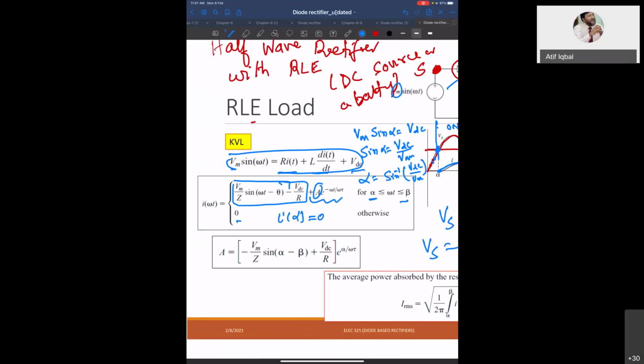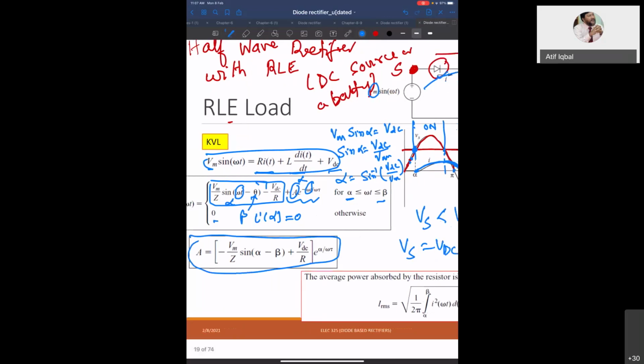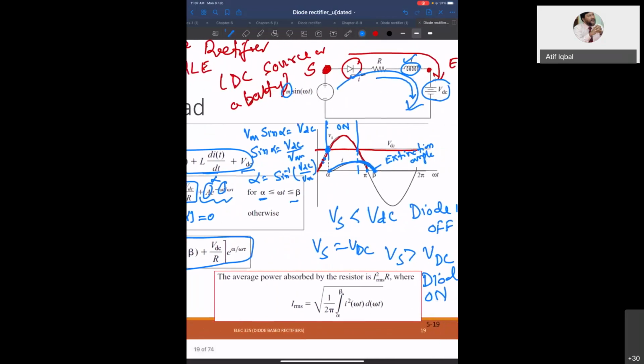So in place of this omega t, you put alpha, and theta becomes equal to beta. So this is your value of A. This is the value of the unknown constant A.